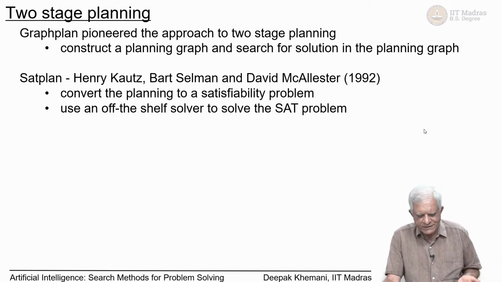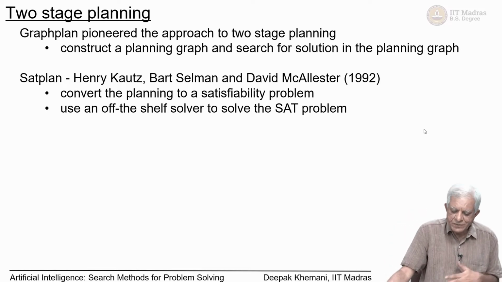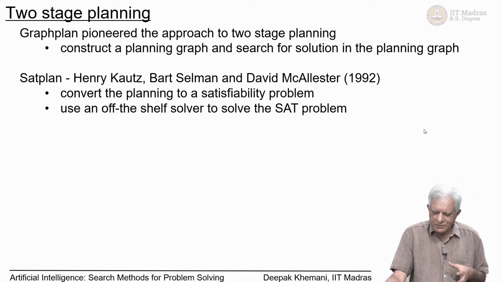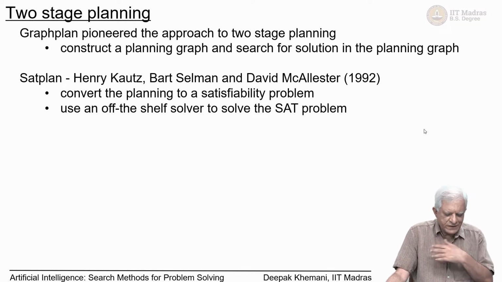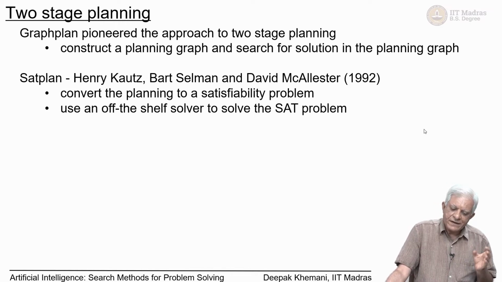We have already seen the SAT problem, and what this approach says is convert the planning problem to a SAT problem, and then of course, somebody must have developed a solver for SAT. So, we can use that. That is in the general way that we want to approach AI, that we want to write general solvers and then pose problems to fit into those general solvers.